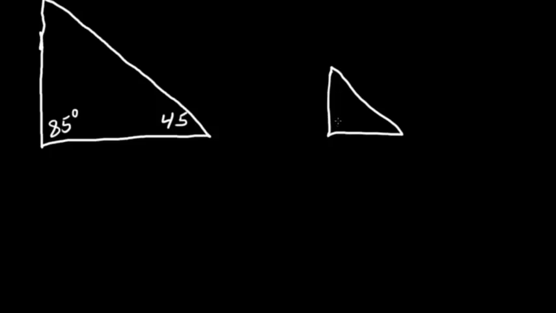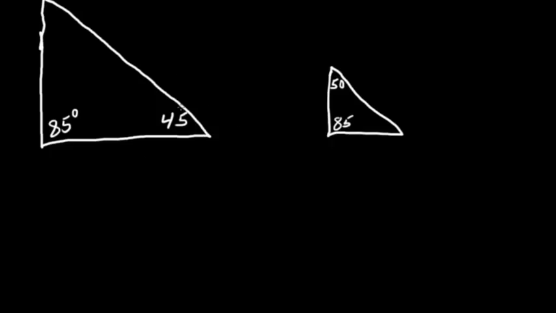Then over here, let's say this one says this is 85 here, and then this is 50 up here. Now, in order for them to be similar, they actually have to have all the angles the same, or at least two angles the same. I'll talk more about that part in just a second.